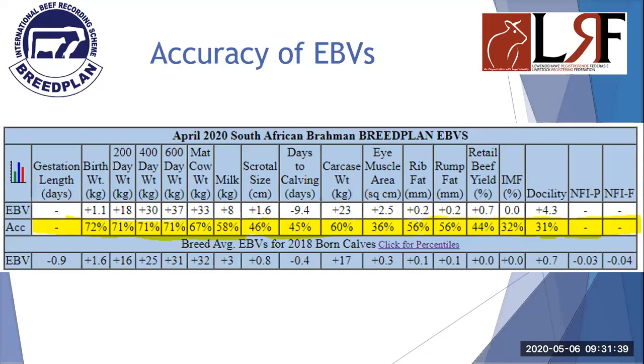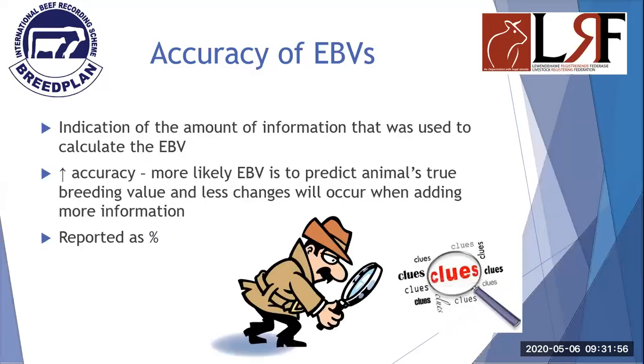Then there are also accuracies for EBVs. When Breedplan calculates EBVs, they also calculate an accuracy for that specific EBV. The accuracy of the EBV is an indication of the amount of information that was used to calculate the EBV.